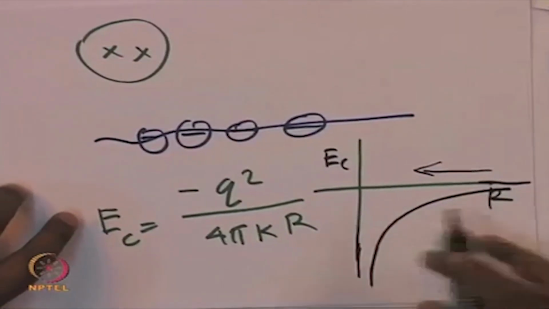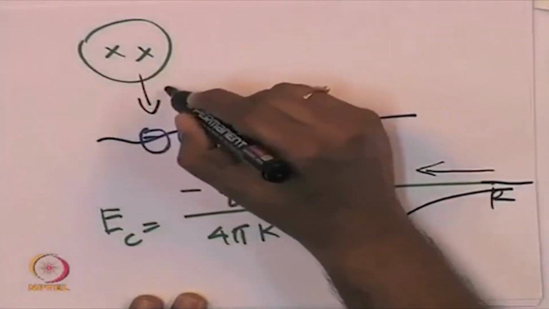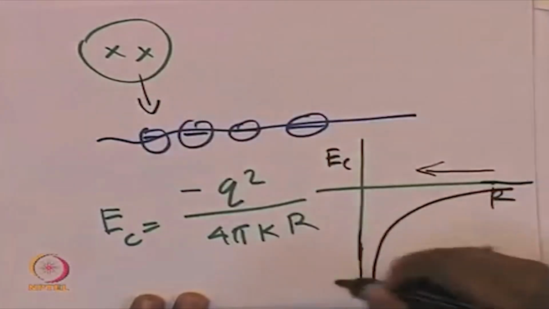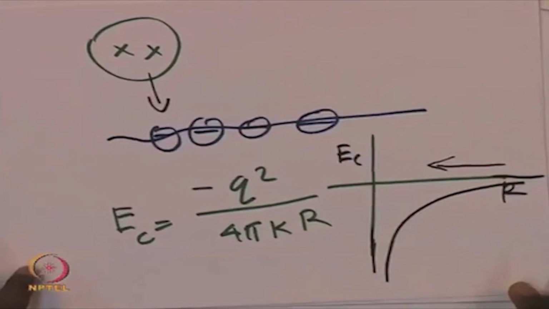So, the Coulomb energy will be minimum when they bind. Binding means they come together. When this protein binds to the DNA, r will decrease and the Coulomb energy will be minimum. So, according to the Coulomb energy, they would want the proteins to bind, so that the energy is minimum.